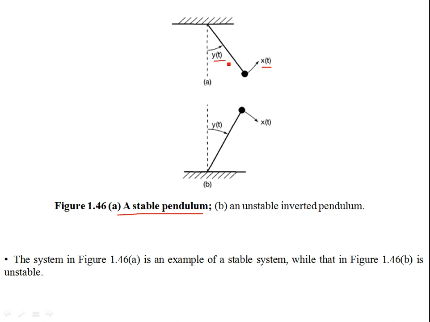But then again, for such a physical system, considering the gravitational forces, gravity will bring this pendulum back to its initial position, and due to the drag, there will be frictional forces that retard this motion. So for a small excitation or disturbance, you have a small output angle y(t), and this is a stable system.